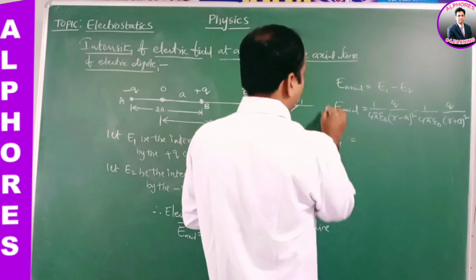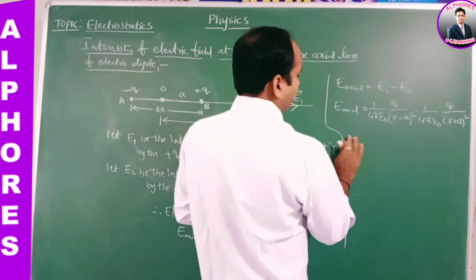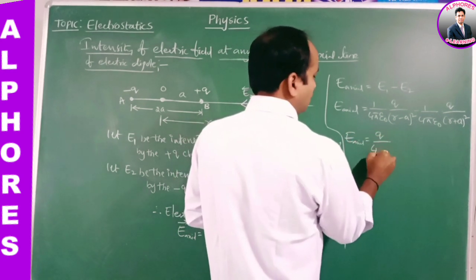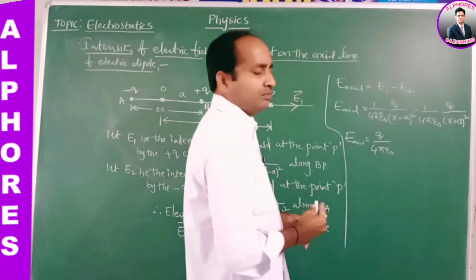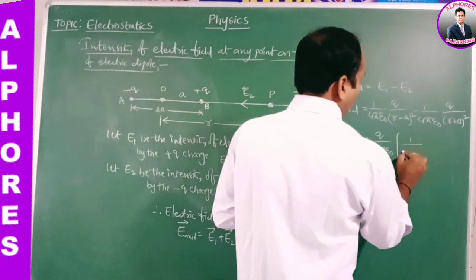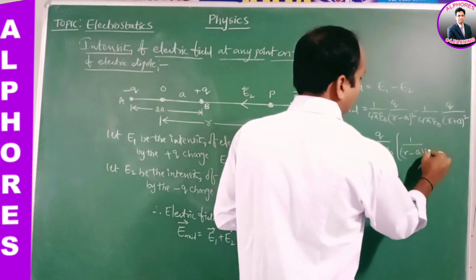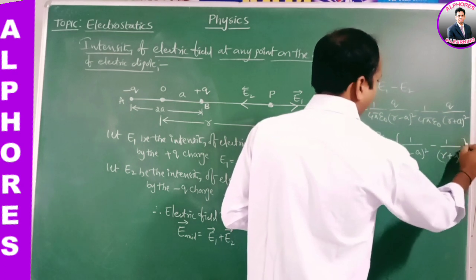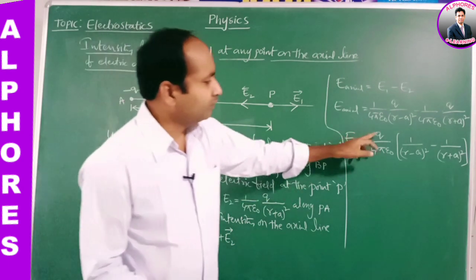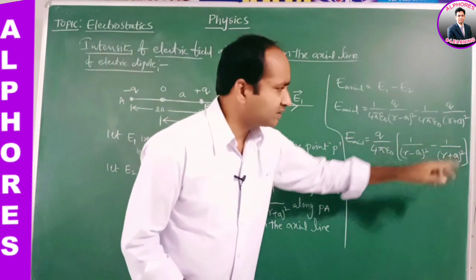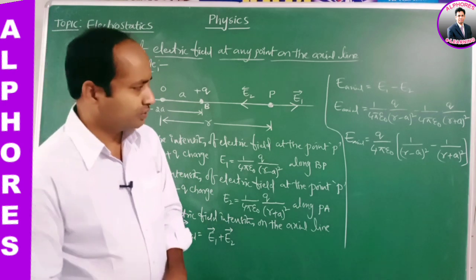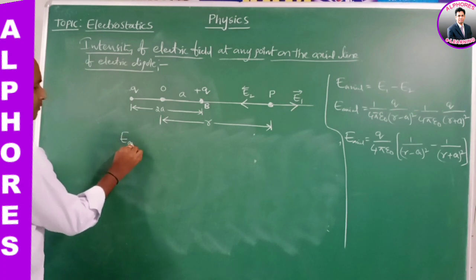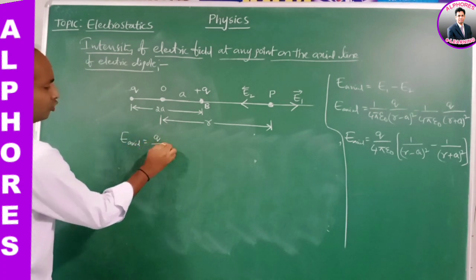So E on the axial line equals q by 4 pi epsilon naught times, what is remaining, 1 by (r minus a) whole square minus 1 by (r plus a) whole square.